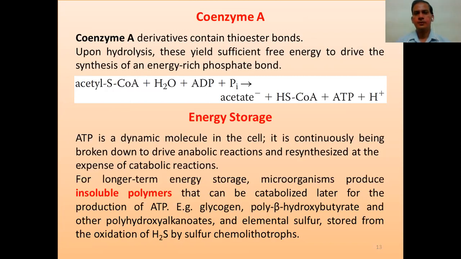These polymers could be glycogen, poly-beta-hydroxybutyrate, or polyhydroxyalkanoates. In some cases, elemental sulfur could also be stored in sulfur chemolithotrophs.